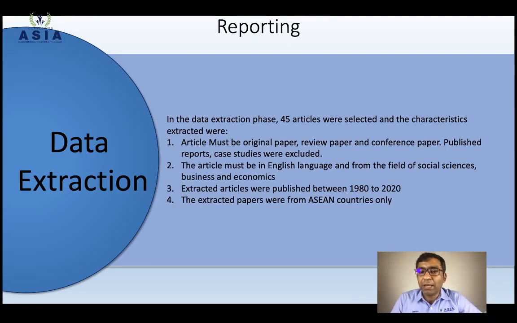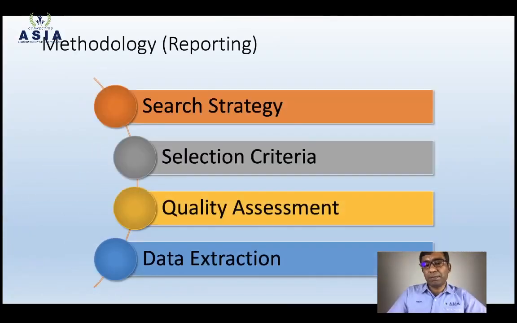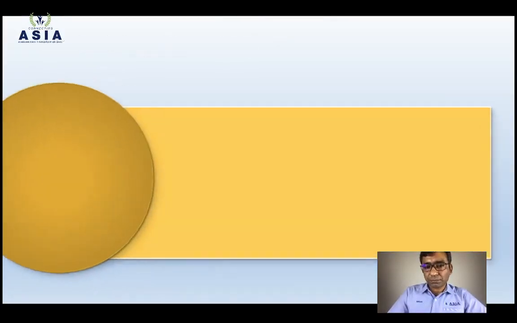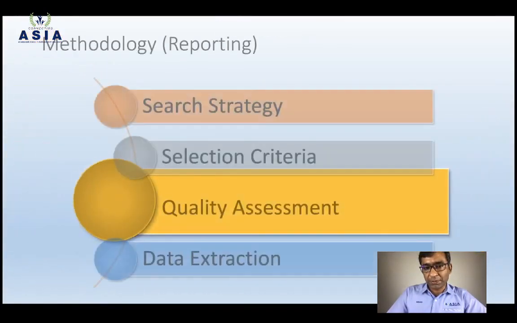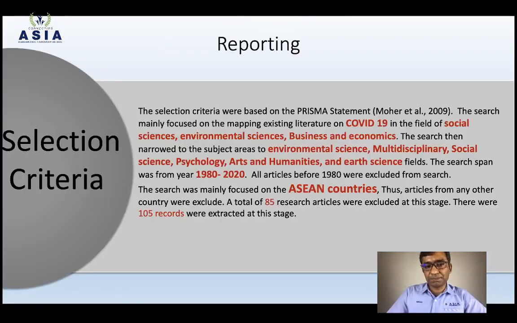And the article must be in English, the time span from 1980 to 2020, and the countries were only ASEAN countries. It is just a report of the past 3 steps. So this is how you need to report the data extraction part. This is mainly the methodological part. Let me show you again, so everyone should be clear on these 4 steps.